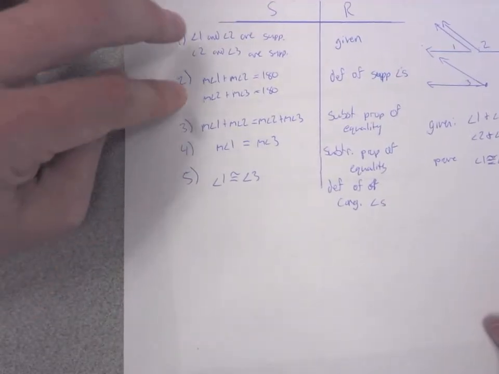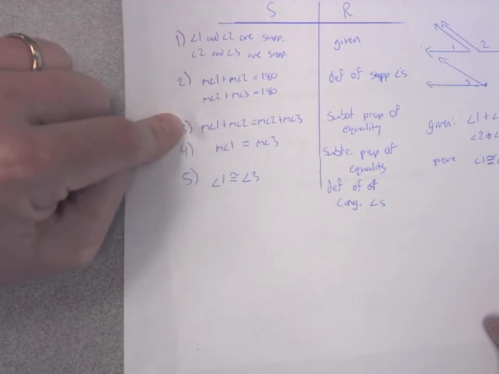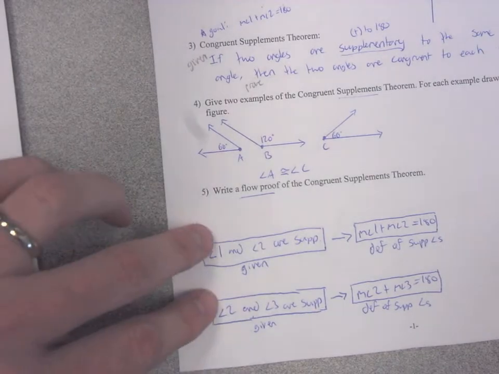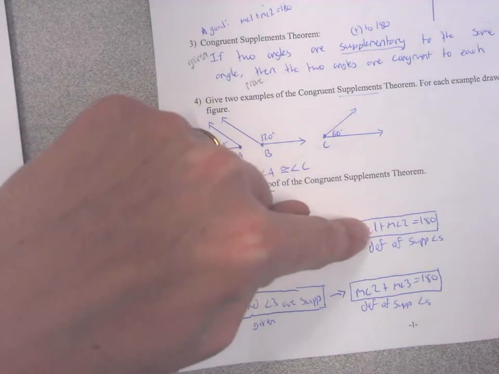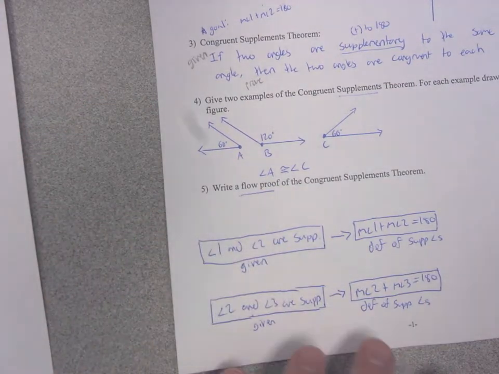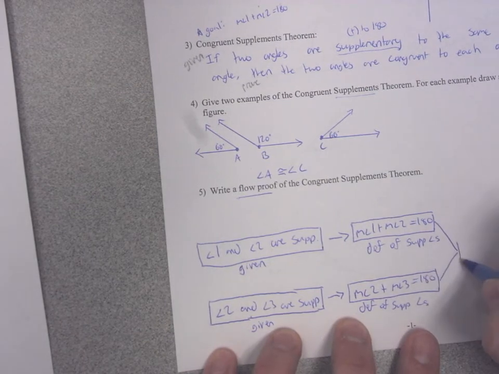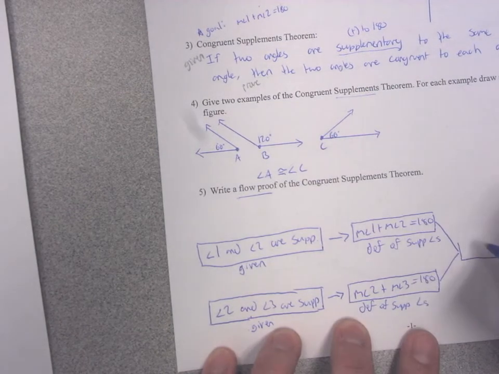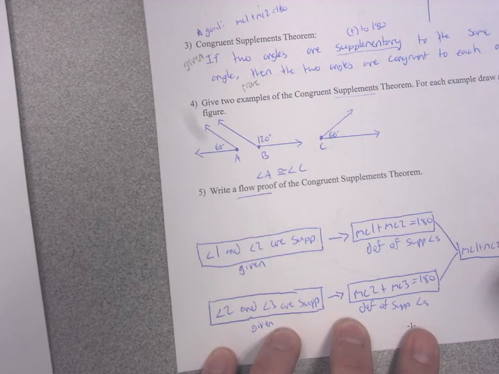Now notice that in line 3, these two pairs of angles merge into one statement. Over here, it's almost like we have two independent pathways. Angles 1 and 2 are supplementary, so they add to 180. Angles 2 and 3 are supplementary, so they add to 180. But now all of a sudden we merge, and we can say that the measure of angle 1 plus the measure of angle 2 equals the measure of angle 2 plus the measure of angle 3.